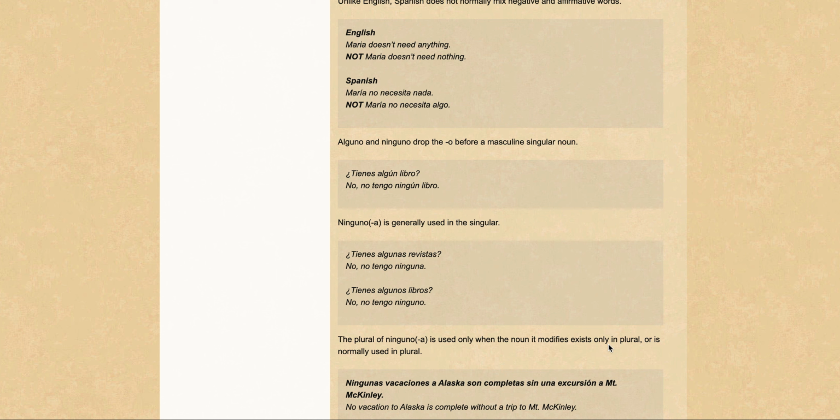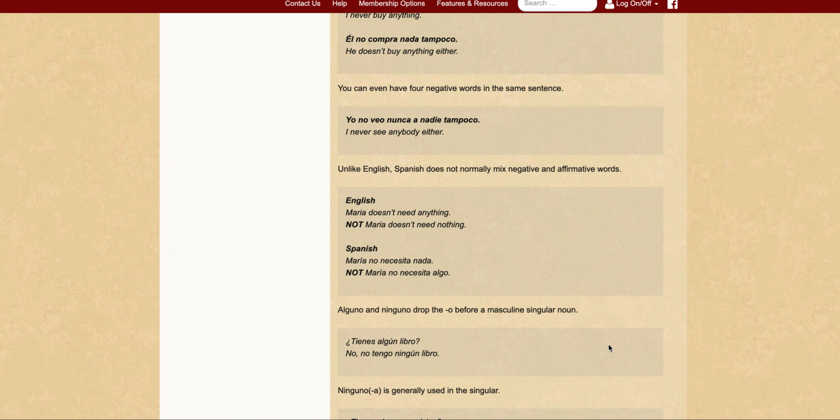So if it only exists in the plural form, that's when you need to use the plural form of ninguno. But in most cases, the noun that it modifies exists both in singular and in plural, so we don't necessarily need to use the plural form of ninguno.